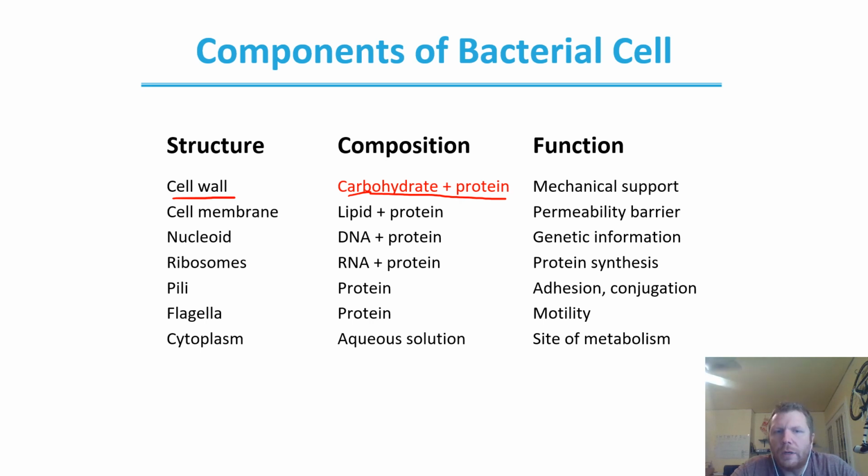The nucleoid, as I previously mentioned, has your protein and your DNA. Ribosomes have your RNA plus your protein. That's where protein synthesis is going to take place. The cell membrane, which is common to an animal and a bacterial cell, is going to be a barrier between the extracellular space and the contents within the cell itself.